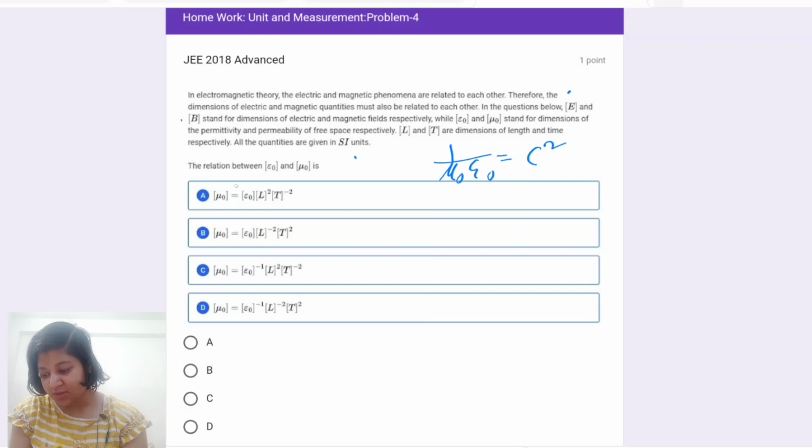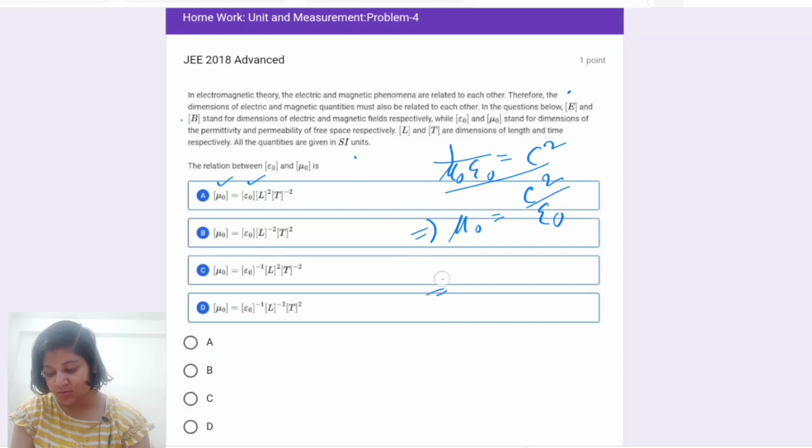In all these equations you see mu 0 is on one side and on the other side there is epsilon 0. So that means we have to arrange the equation like this. Mu 0 is equal to C square by epsilon 0, or mu 0 is epsilon 0 inverse C square.